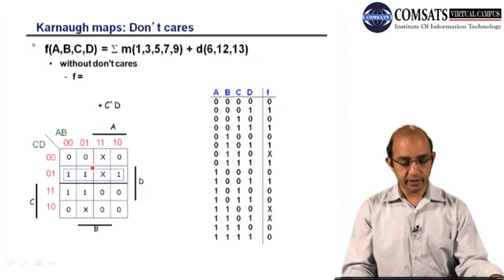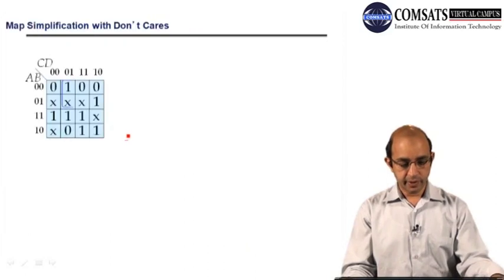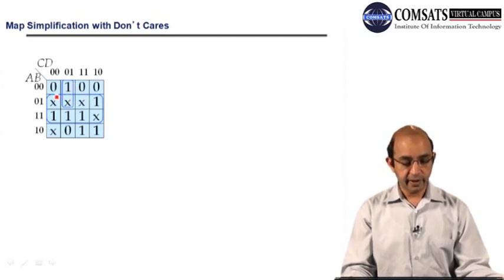6, 12, 13. So here you can see we have the simplification by using don't care. Here we have the X. If I had not taken those don't care conditions into account, I would have a more complicated expression.